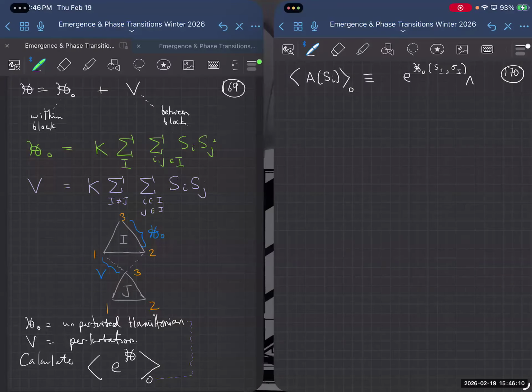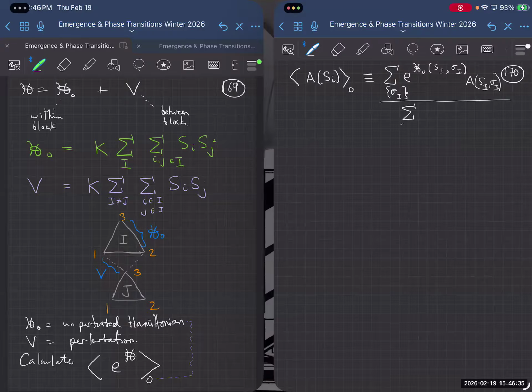Then I have the quantity A that will now depend on the block spins and the microscopic spins. And then I'm going to sum over the microscopic spins.